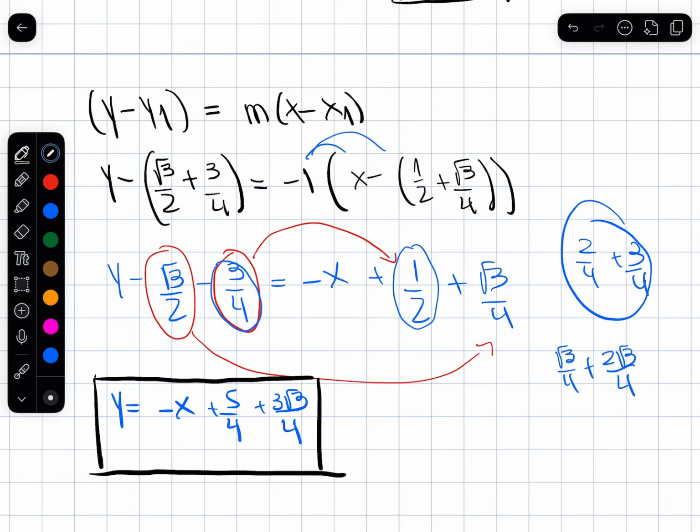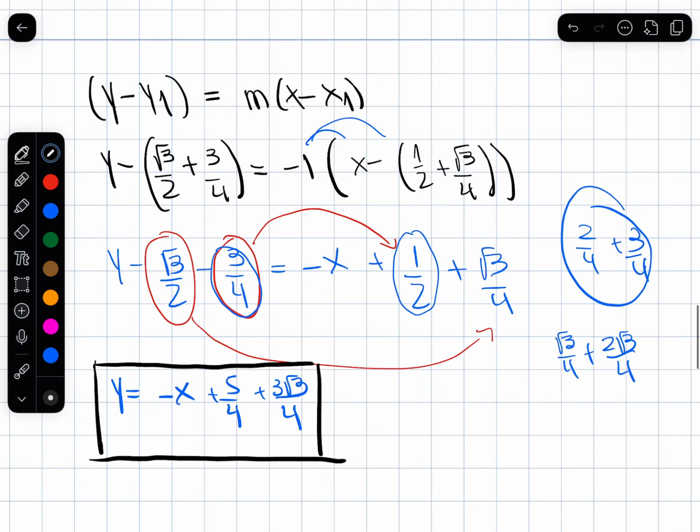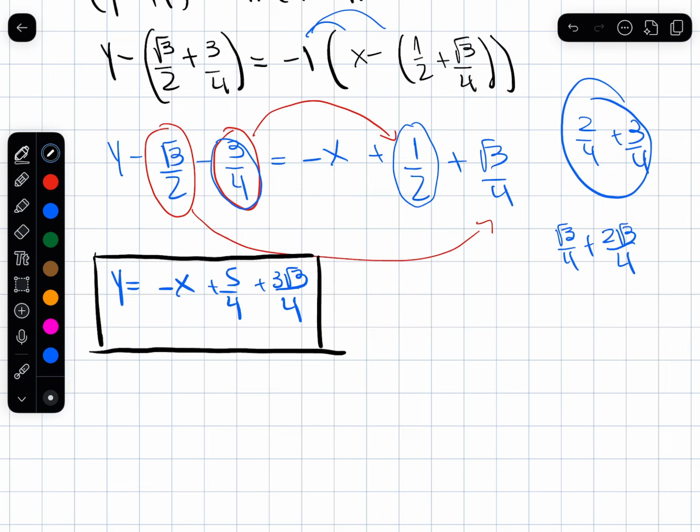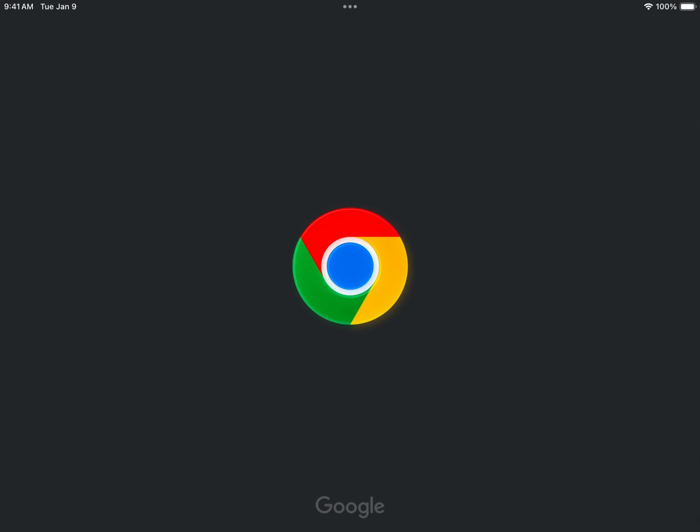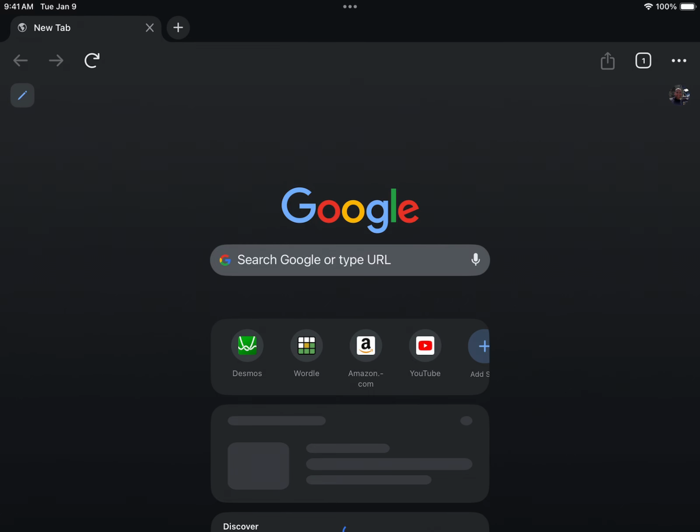You can always use a graphing calculator to check. Let's see if I get to open this. Desmos graphing calculator.